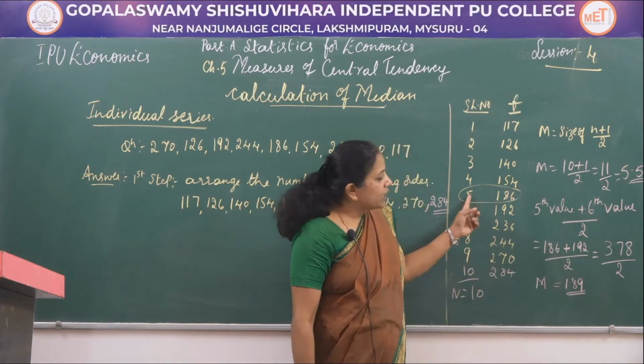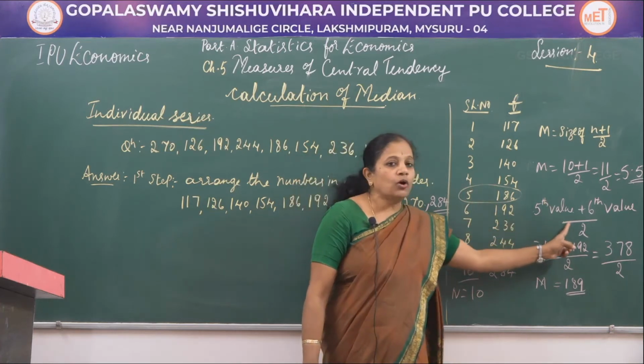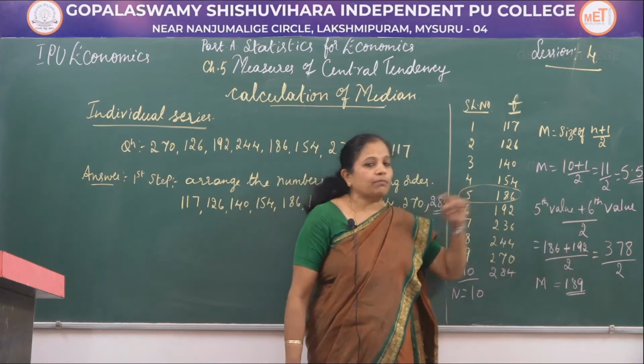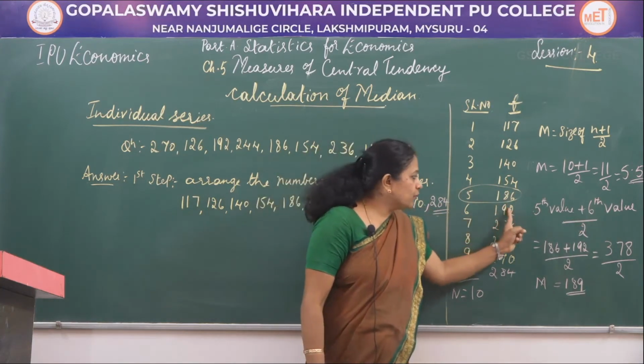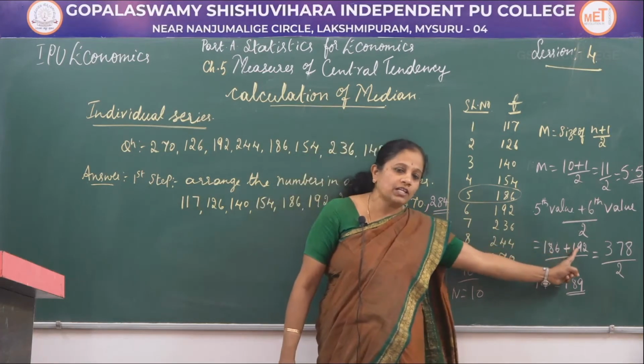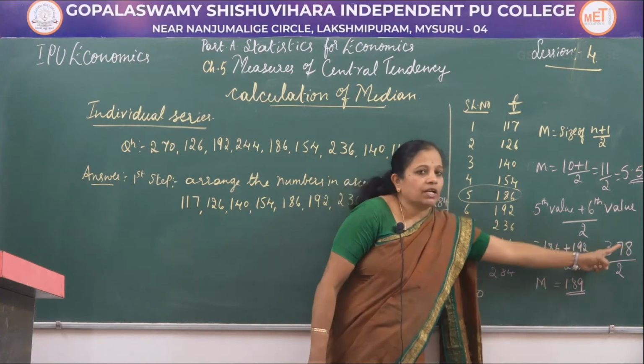So we cannot get the 5.5th value here. So for that again we have to add the 5th value and the 6th value, then we will divide it by 2. So the fifth value is 186 and the sixth value is 192, divided by 2. So it becomes 378.